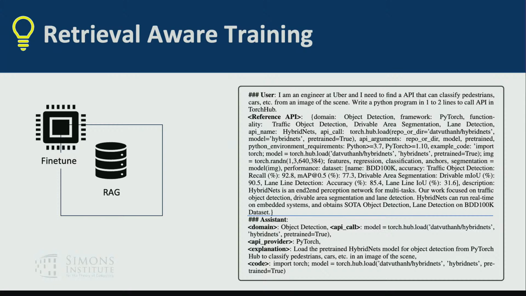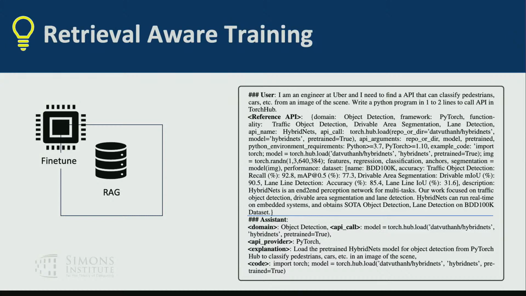So let's go with an example. This is a pretty busy slide, but I can walk you through it. The user prompt here is, I'm an engineer at Uber, and I need to find an API that can classify pedestrians, cars, etc., from an image of the scene. Most of you might know that this is just a classic image classification task, or object detection. Now I used a retriever, and this could be your favorite retriever.